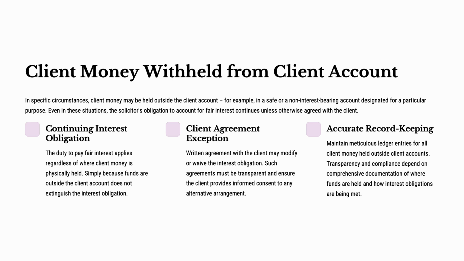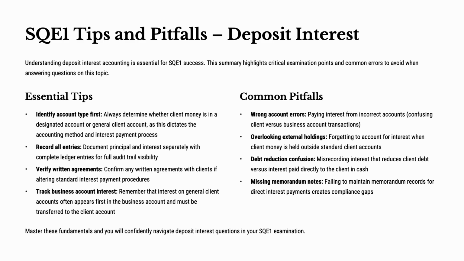It reinforces Rule 7's purpose, the financial benefit of the client's money, and that financial benefit should go back to the client. Unless there is an exception and a written agreement between client and solicitor. And they also need to make sure they have appropriate records in place.